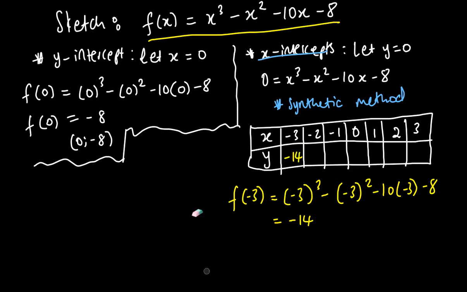Then I do a similar thing, but this time I substitute -2. So we remove this -3 and start substituting -2. I put 2 here, 2 there, 2 there.